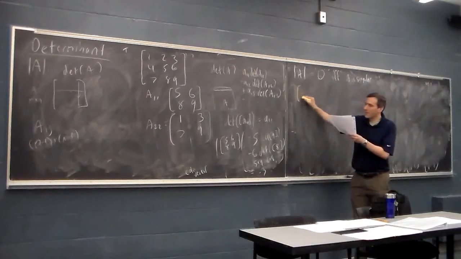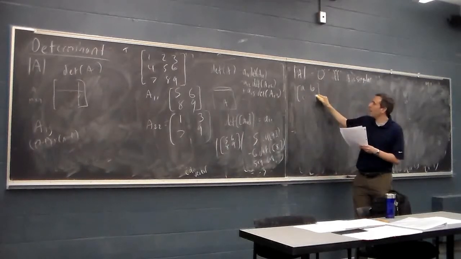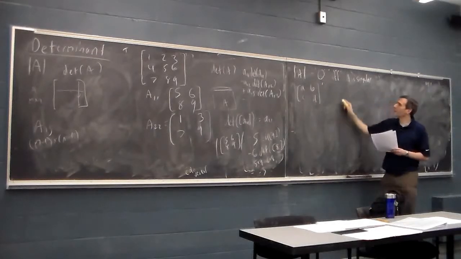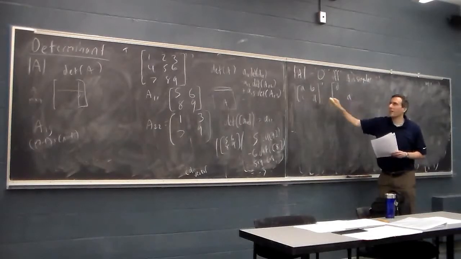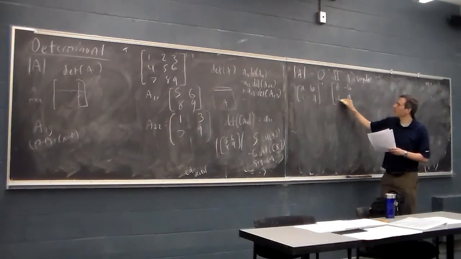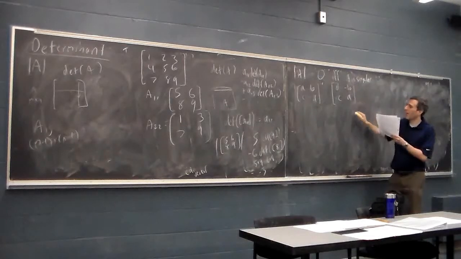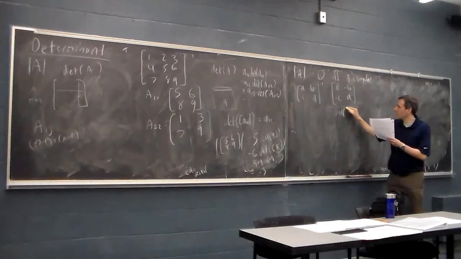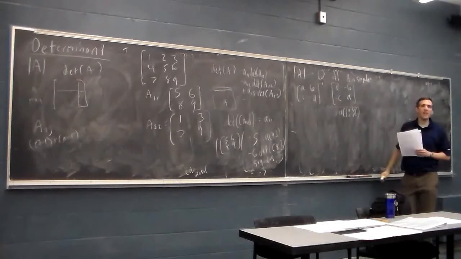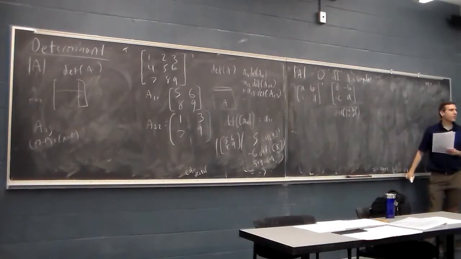But in the 2 by 2 case, we have an identity that if we have a matrix A, B, C, D, and we want to compute the inverse of it, that's defined by the matrix D, A, so flip the diagonal elements, negate the other elements, minus B, minus C, and then divide all of this by the determinant of the matrix, so determinant of A, B, C, D. And the result of that will be the inverse. So again, this only works in the 2 by 2 case, but that's useful enough that it's worth knowing about.